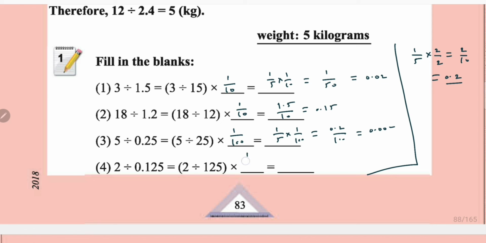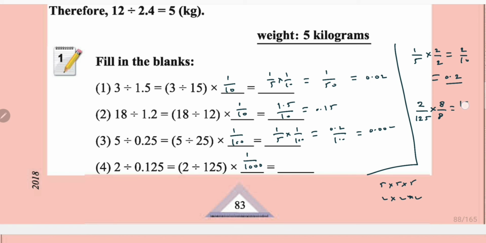Okay, another way of proving it: 2 by 125 divided by 1000. What is 2 by 125? Again we will go by this method only. 125 is nothing but 5 cube actually. Even if you don't know the cubes, this is 5 into 5 into 5. Now if you multiply 2 into 2 into 2, this becomes 1000. So multiply it with 8.